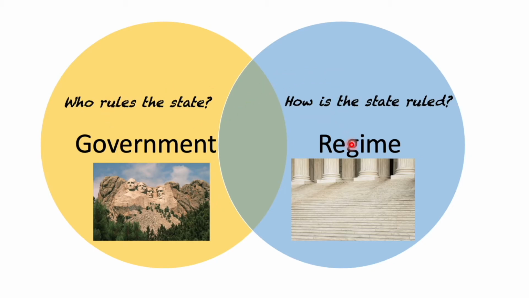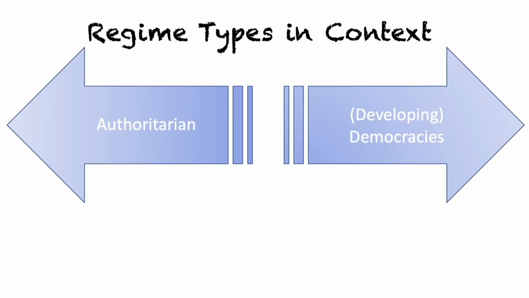We typically, and certainly if you are an AP Comparative Government student, differentiate between two types of regimes, democratic and authoritarian. That being said, it's a sliding scale. There is not just one type of authoritarian regime and one type of democratic regime.